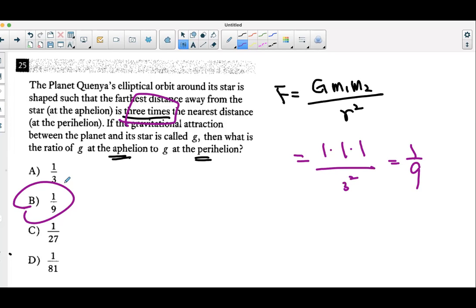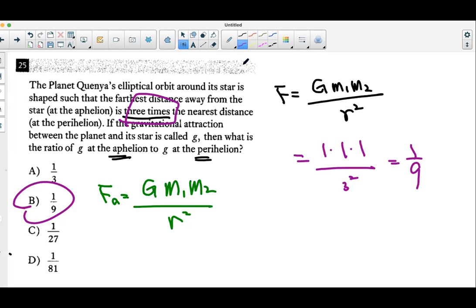Now, if you want to look at this in more general terms, what I would have done is this. Okay, F at A, let's call that capital G M1 M2 over R squared.